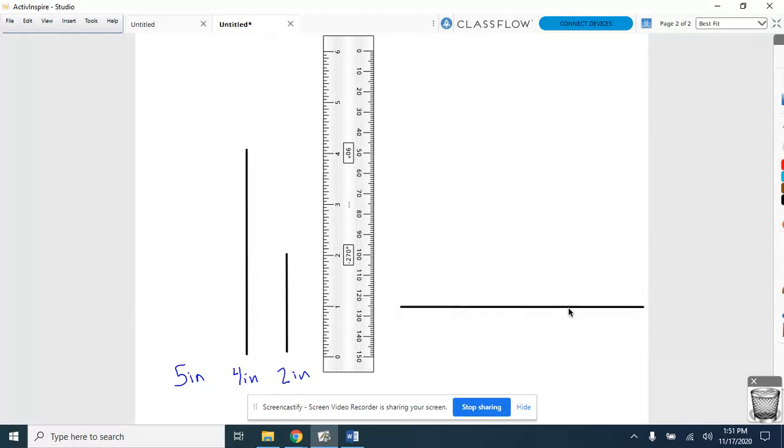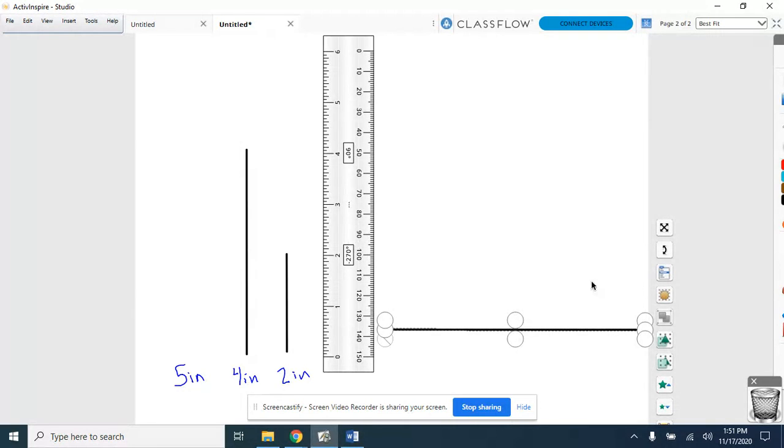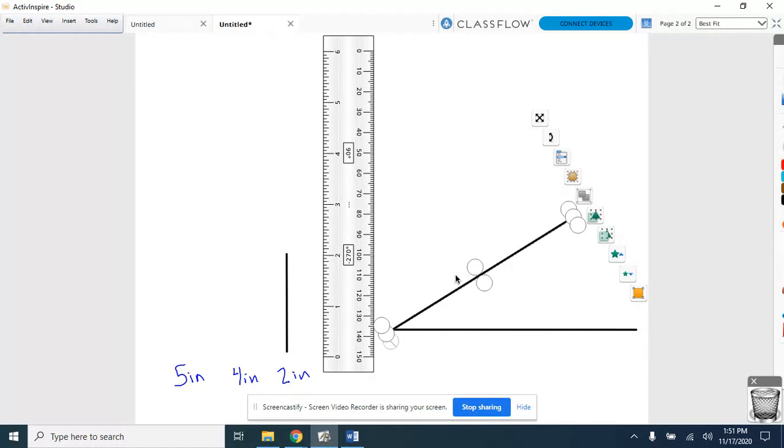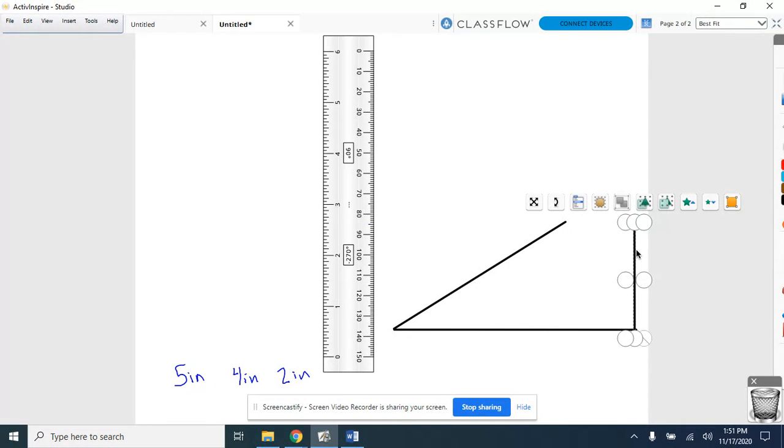We can turn that any way we want, but we'll leave it like that as our base. And again, we'll put that 4 in this spot here, rotating it, right on that vertex. Let's see if we can make a triangle with this 5, 4, and 2.